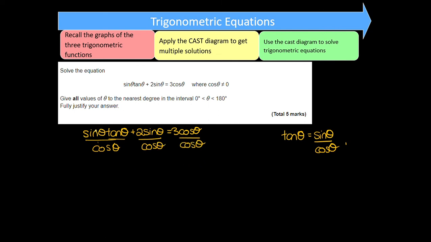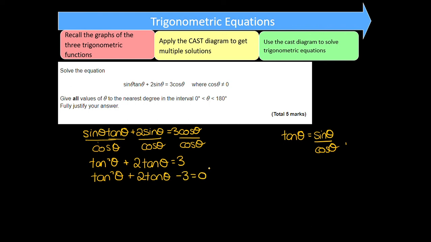So over here I've got sine divided by cos is tan, and a tan times a tan is a tan squared. I've got lots of sine over cos, that's another tan. And then the coses here cancel. And I'm just going to, again, I've got a quadratic that I'm going to make equal 0.